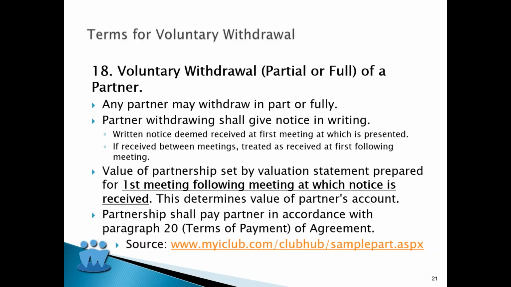So it's not the meeting at which the member comes in and says, I need to withdraw $5,000. It's the next meeting that determines the valuation. And then the partnership will pay in accordance with the terms of payment.